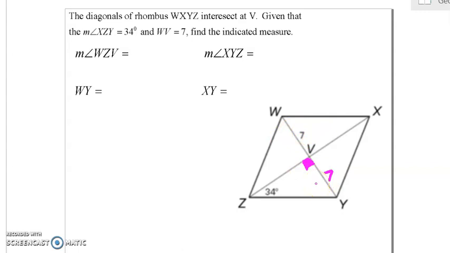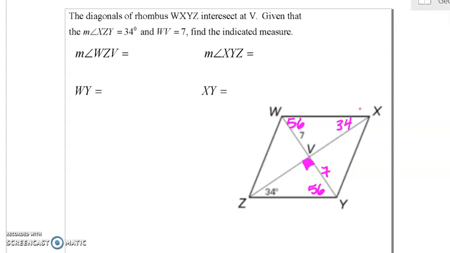Next is the angles. First, it's kind of obvious to me if that's 34 that I can find this angle by taking 90 minus 34 and getting 56. Now, couple things we could think about. It's a parallelogram. Alternate interior angles always happen, so I could put 56 on that side and 34 there.